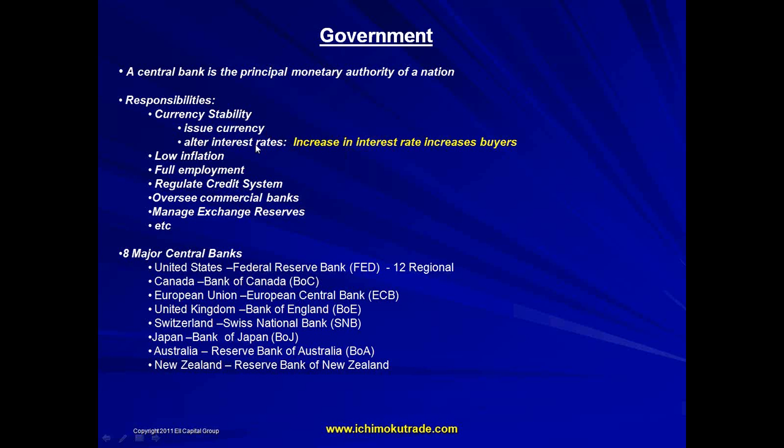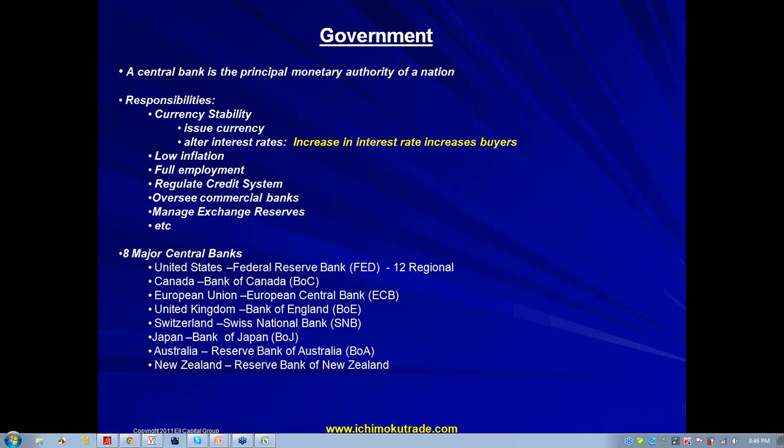When we get to the fundamental piece, you'll see that if they increase the interest rate, that causes more buyers to want to buy that currency, so that currency will go up. So if the Australian government increases their interest rate, there's going to be more demand for that currency, so the Australian dollar will go higher in the charts.